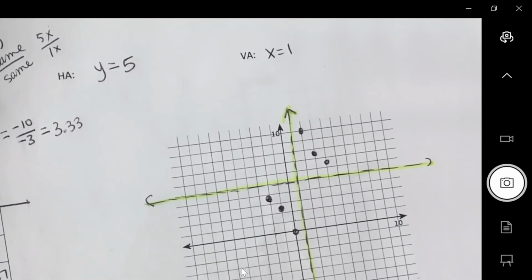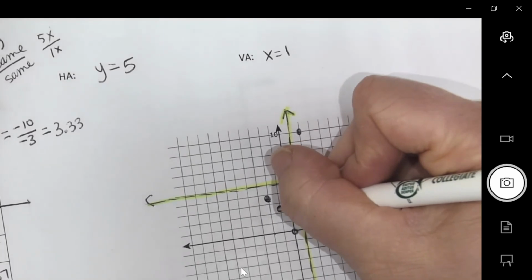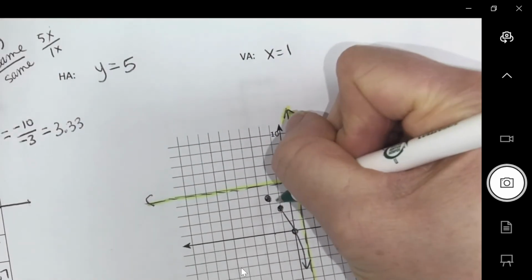Okay, you can see I have plotted those 6 points, and then when you connect them, just make sure they're kind of curving and they go towards your asymptotes.